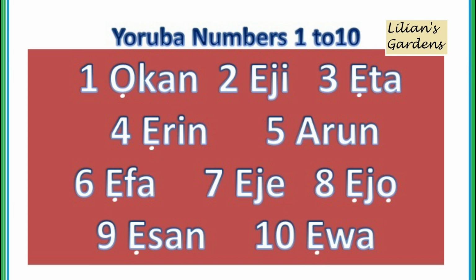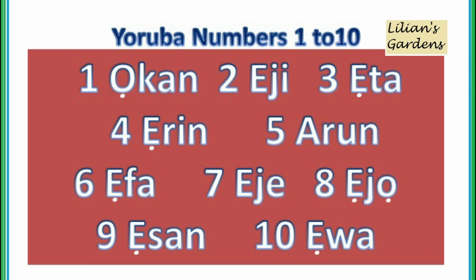You need to learn these 10 numbers. Ọ̀kan, èjì, ẹ̀ta, ẹ̀rin, àrún, ẹ̀fà, èje, ẹ̀jọ, ẹ̀sán, ẹ̀wá. And you can repeat this so many times and find a way to remember them.